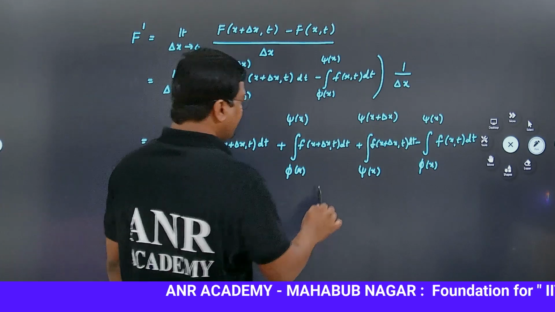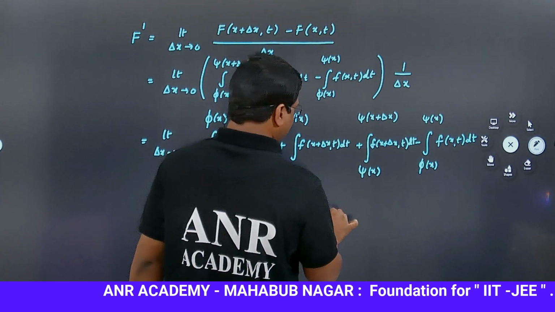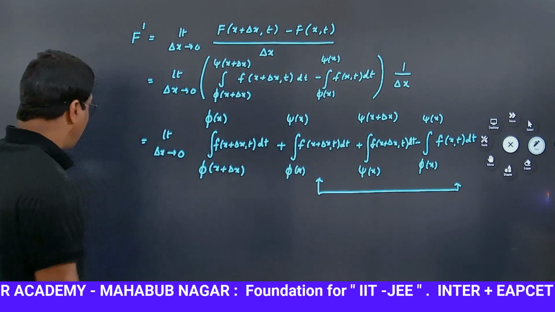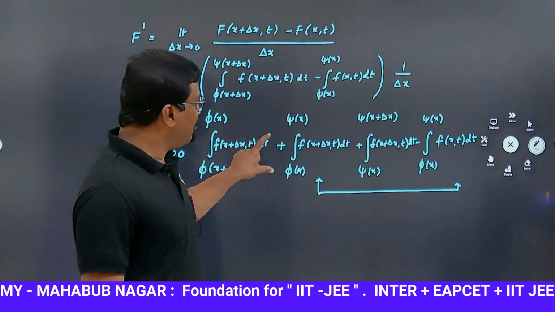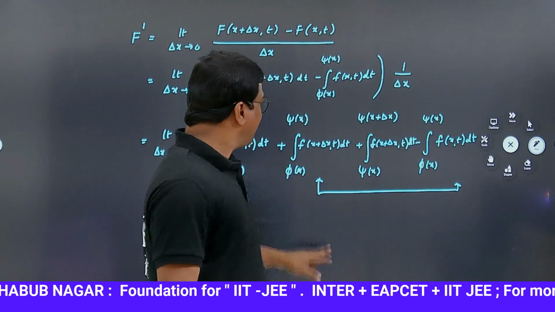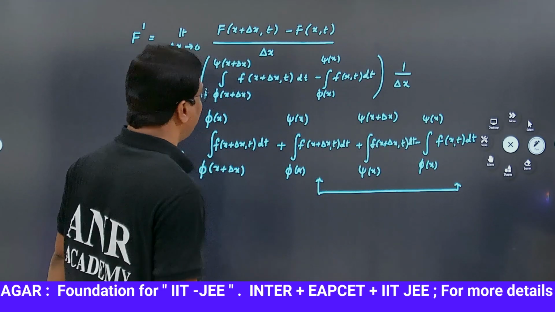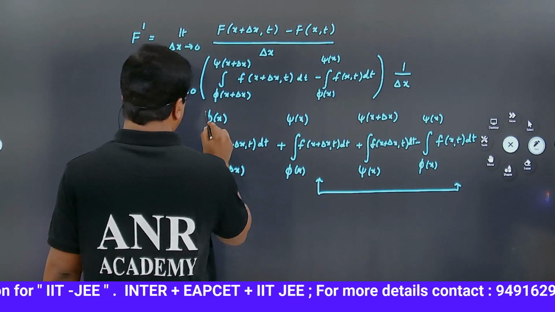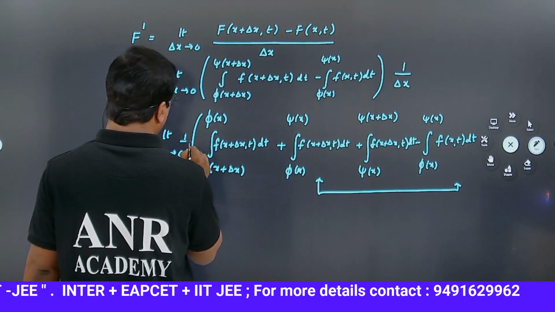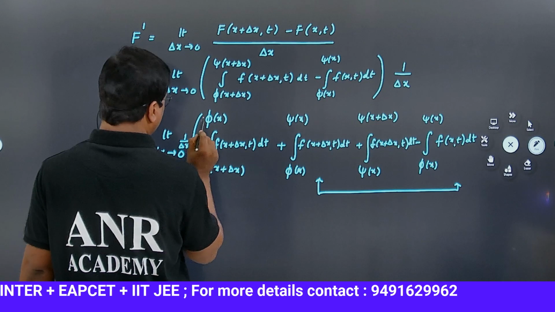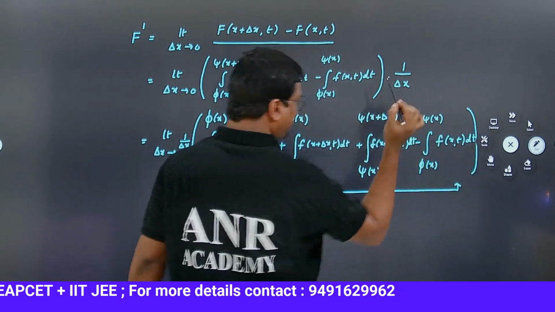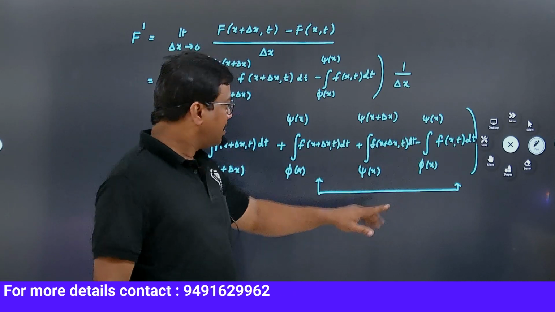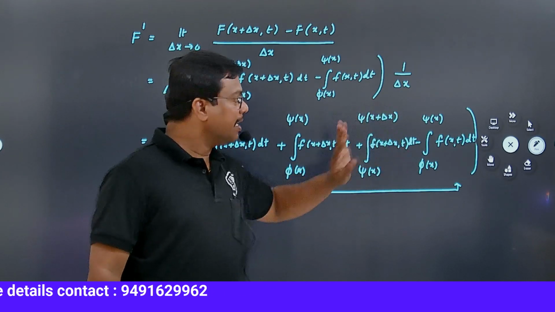Now from these two, the same limits you have, pi of x to psi of x, but the difference is in the integral function. Also you have 1 by delta x. Here outside I am going to write 1 by delta x. Right, these two terms have the same limits but a change in the integral function.